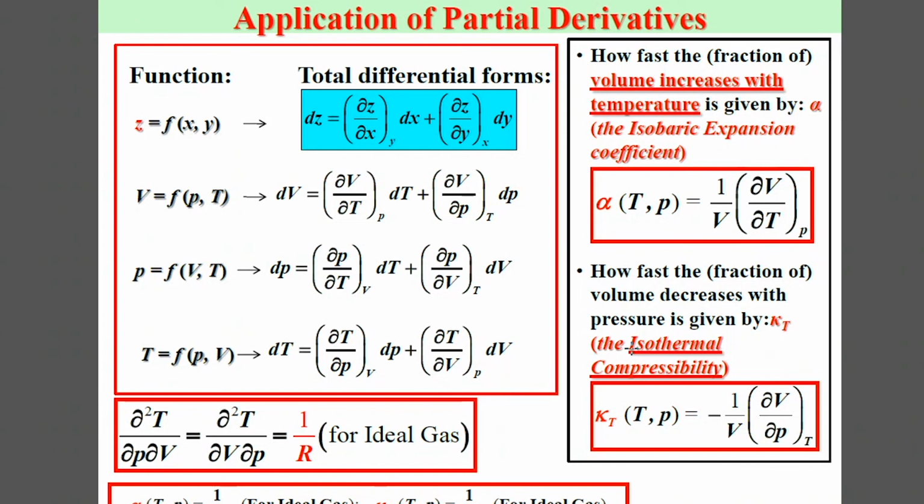Another response function tells how fast the fraction of volume decreases when we apply pressure. This gives a parameter kappa T, which is the change in volume with respect to pressure at constant temperature into 1 by V. And we have a negative sign because there is a decrease in volume taking place.